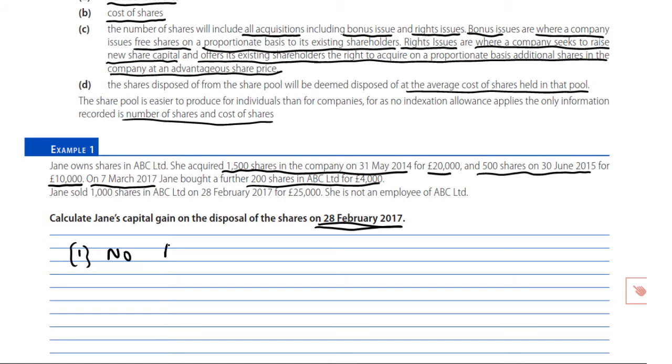Therefore, no acquisition on same day. So that's that one out of the way. But why that 7th of March of 17 was an important date is, of course, that there is an acquisition in the next 30 days. So that, therefore, is going to be our first port of call.